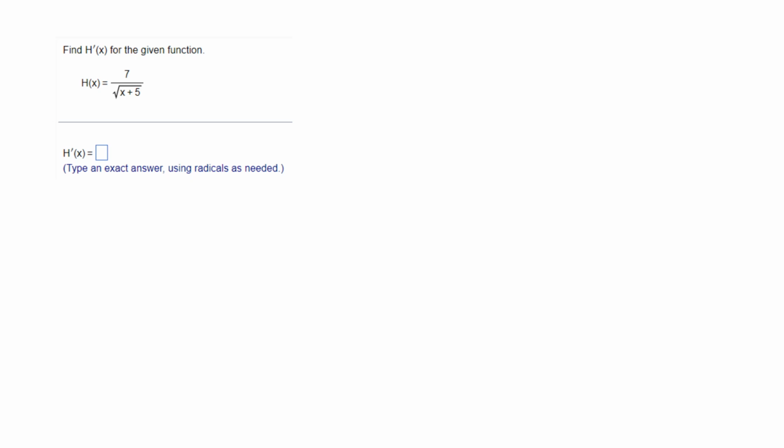To do this one, you have to recognize that your denominator is a radical. So to look at that first, you have to remember that radicals can be rewritten so that they have fraction exponents.